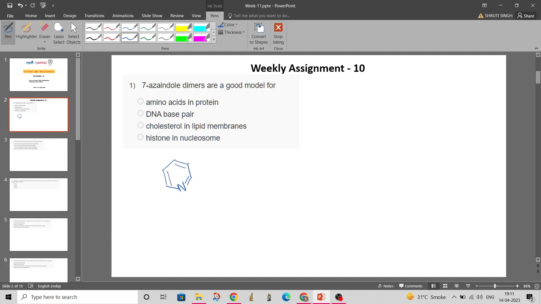So this is one 6-membered ring and one 5-membered ring is attached to it. The indole ring is attached to it, and here is a double bond. So this is one molecule, and since it is a dimer, we will have another one like here. I will draw it with the black color.